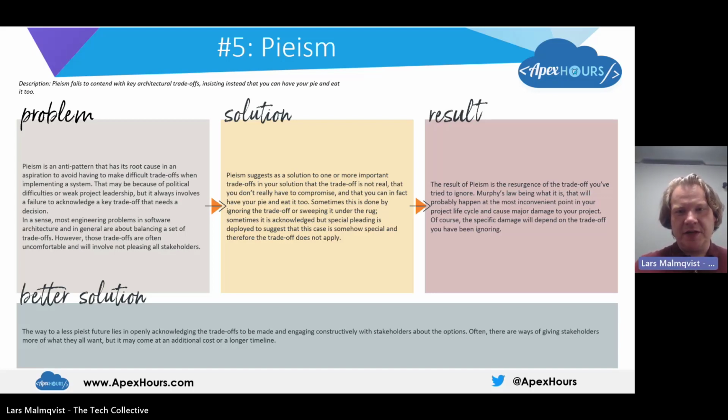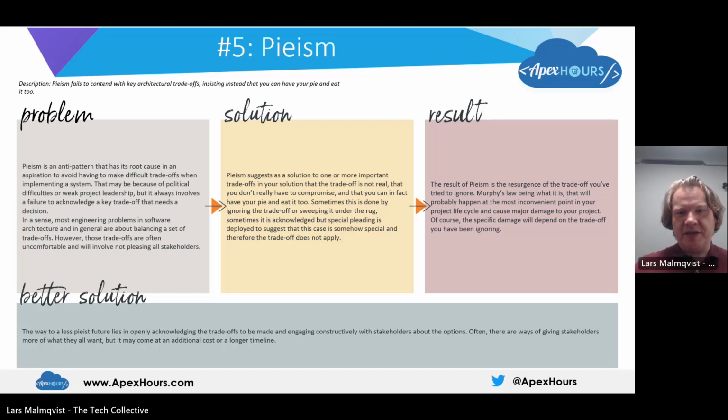That's unfortunately quite typical. So, Piism tries to avoid the problem of having to make crucial trade-offs by not making them, right? However, most engineering problems, and especially problems in software architecture, are specifically about balancing trade-offs between different factors. And those trade-offs are often uncomfortable, and you can't please everyone at the same time.